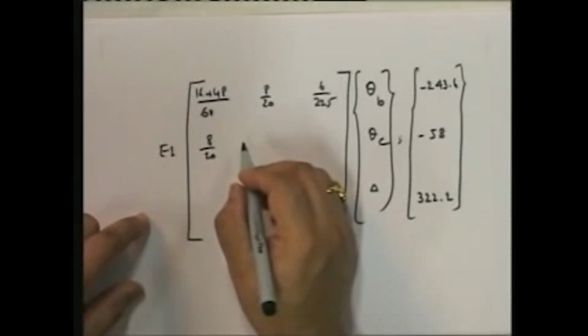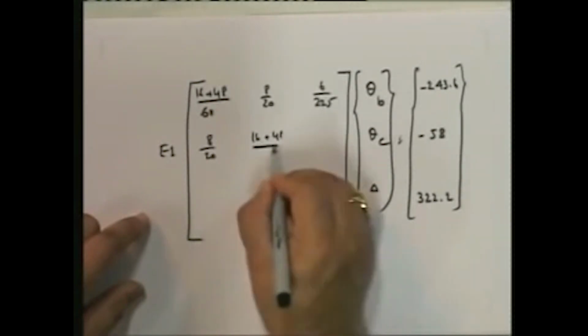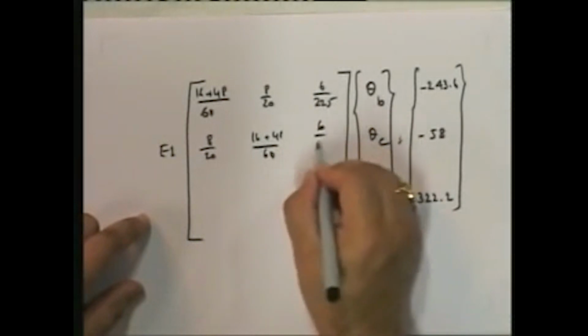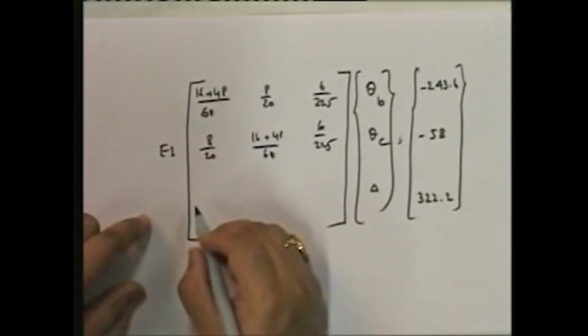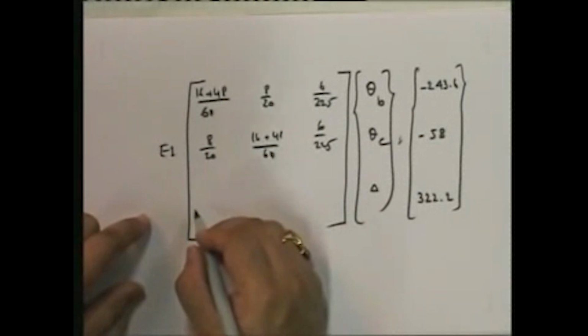This is going to be again the same, 16 plus 48 upon 60 is going to be 6 upon 225, and this is going to be equal to 6 by 15.